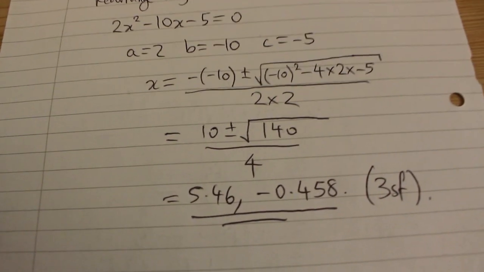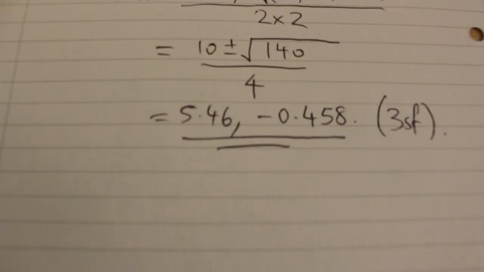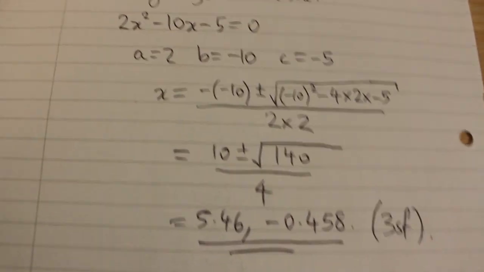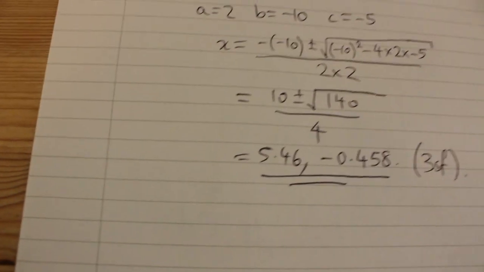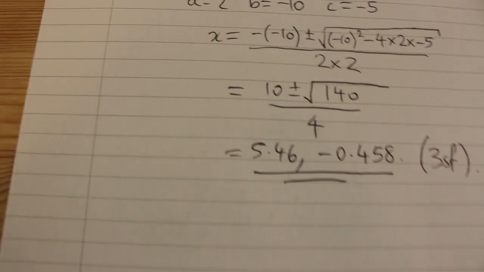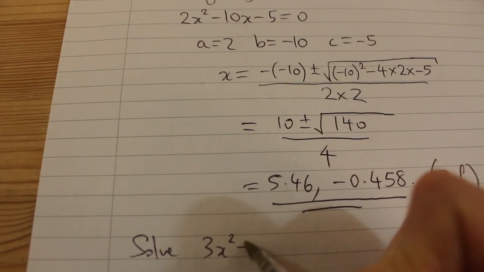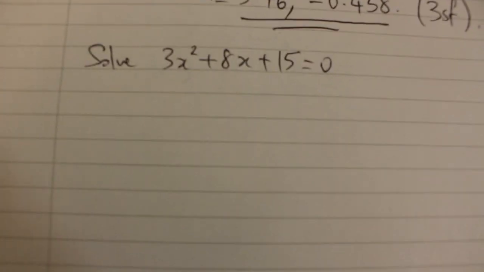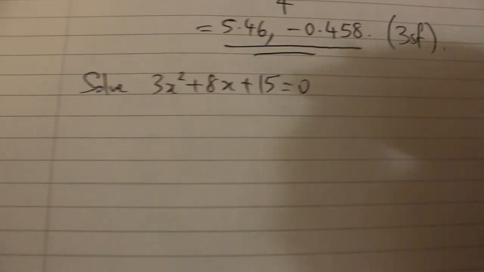And now we'll look at a slightly different example. So the formula is really useful for solving equations like this, but it turns out it doesn't always work, because there's a slight problem. If we consider the equation 3x squared plus 8x plus 15 equals 0, if we want to solve this, let's try.